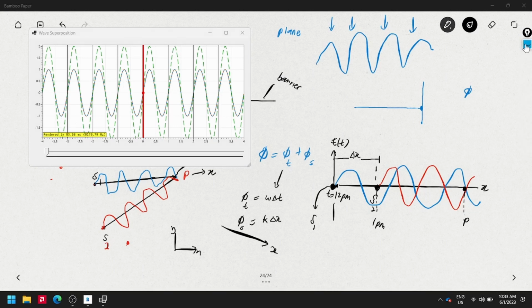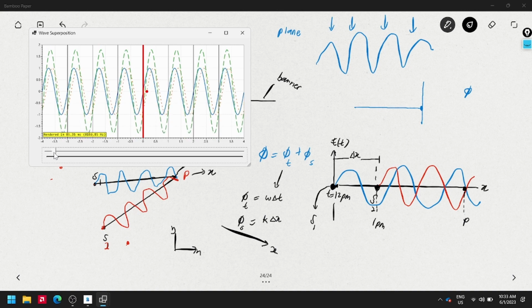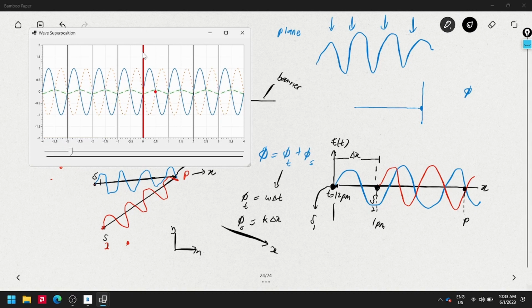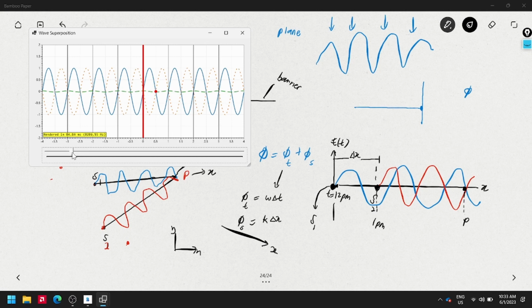Let's say I change the position, and I move my orange curve forward by about half of lambda. From this point to this point is 1 lambda, so I'm shifting my orange curve forward by 1/2 lambda, in the middle here. As you can see, the green curve is the resultant wave.